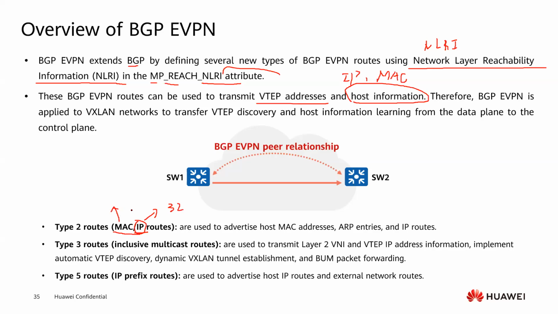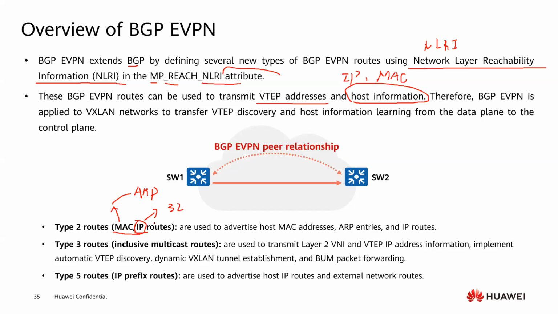If you compare the IP address and the MAC address, what new information do you get? You can combine them together to get the host IP address, and if you consider them separately, this is the MAC address and this is the host route.